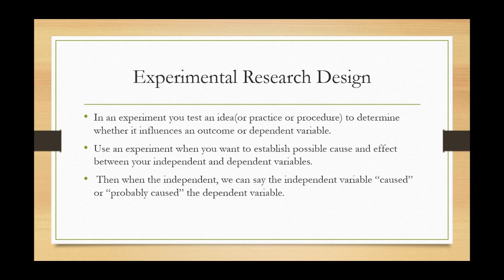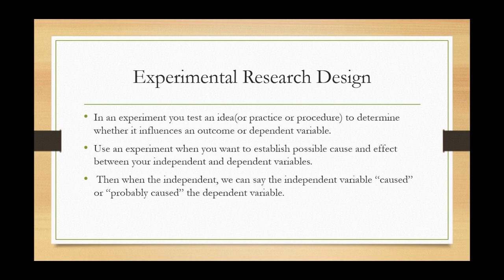But when do you use an experiment? It's not every time that you can use an experiment. You use an experiment when you want to establish what we call possible cause and effect between independent and dependent variable. If you want to test if an independent variable influences a certain dependent variable, then the best design is experimental design.